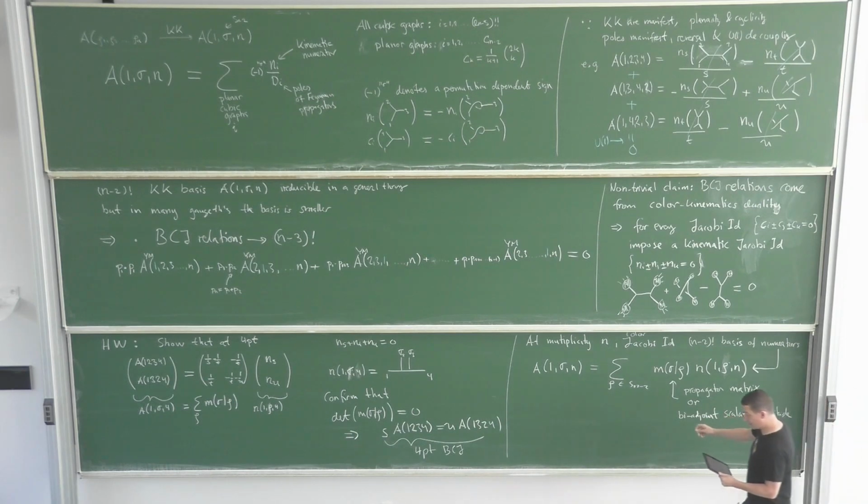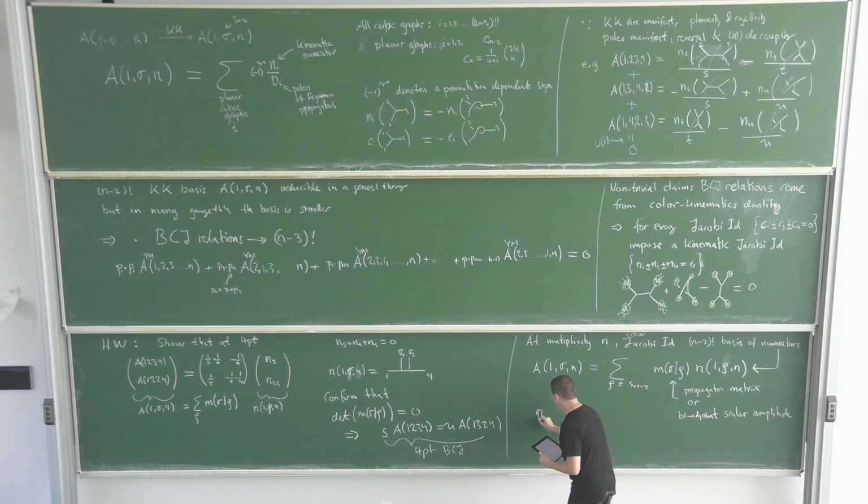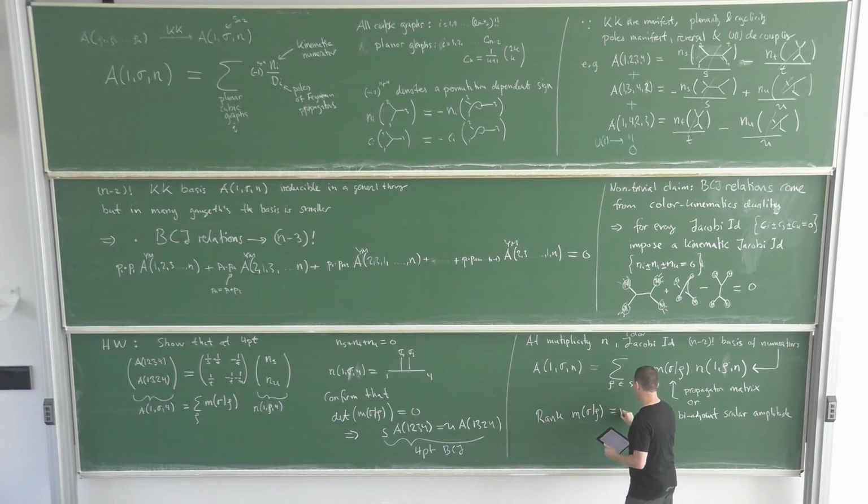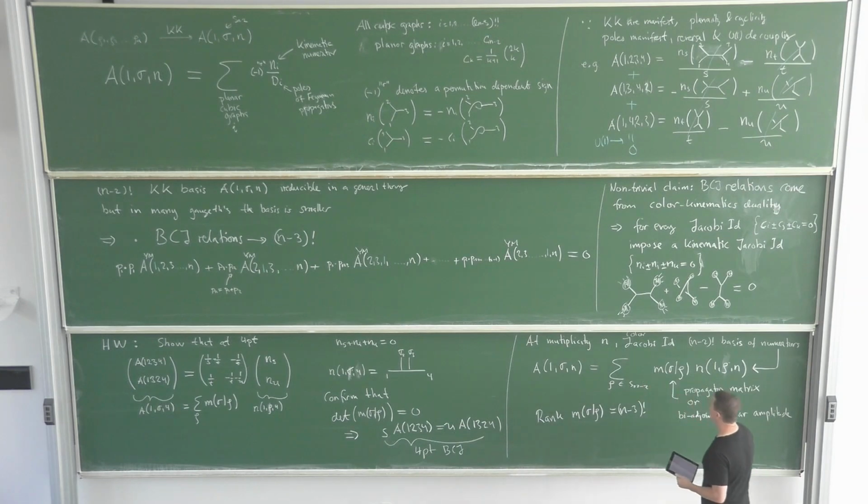And now the claim is that the rank of this matrix M sigma rho is equal to (n minus 3) factorial in Yang-Mills and in many other theories.